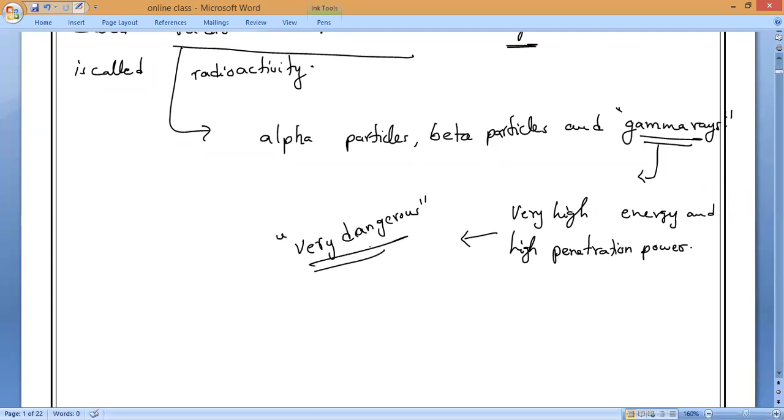If living bodies are exposed to these radioactive radiations, they get very seriously damaged. Gamma rays cause gene mutation, meaning DNA will also change, in human beings, animals, everybody.